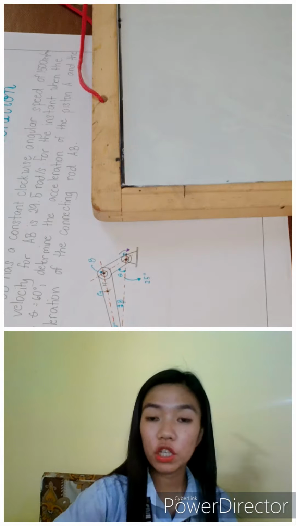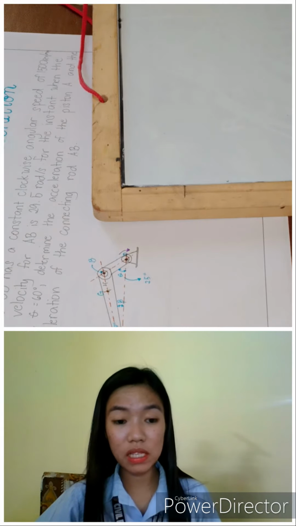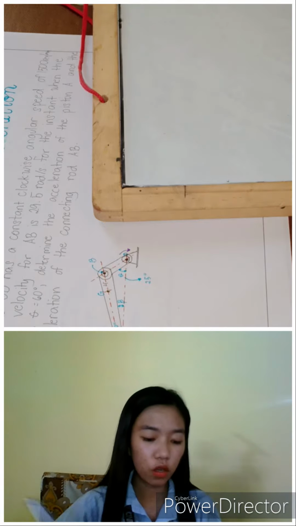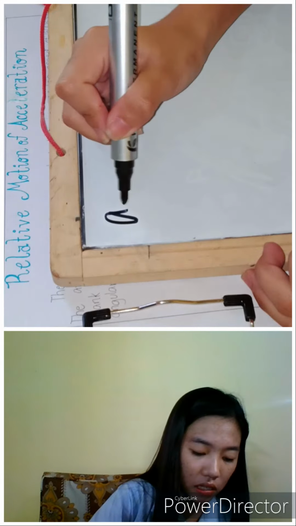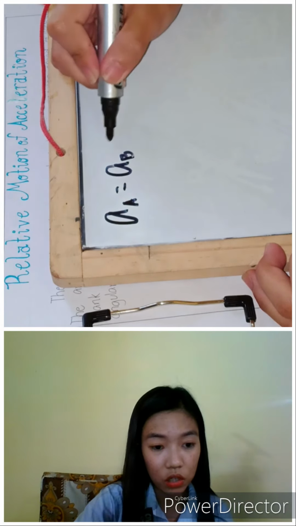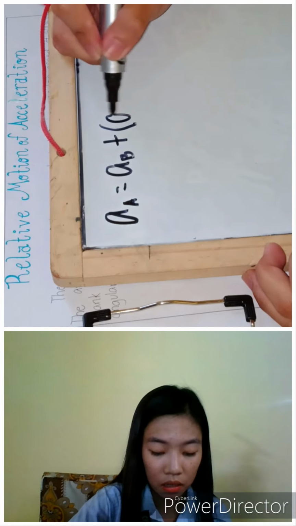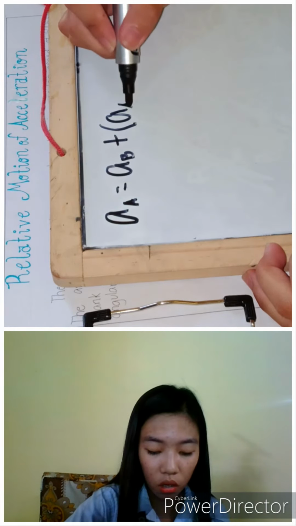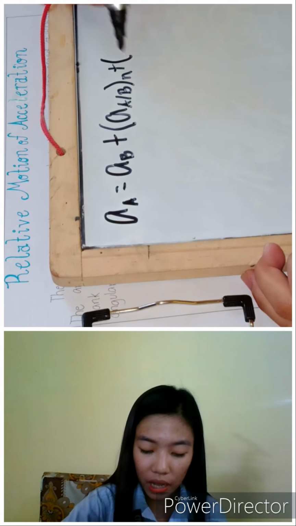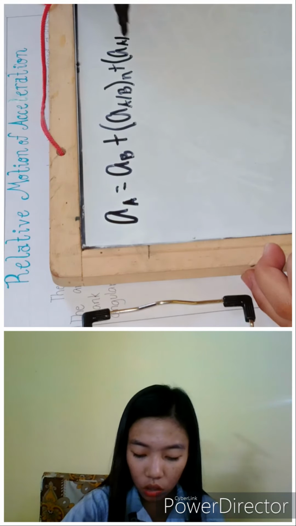So, the equation of acceleration of A can be expressed as the acceleration of the crank B. So, we have here acceleration at A is equal to acceleration at B plus acceleration of A to B normal plus tangential acceleration of A to B.